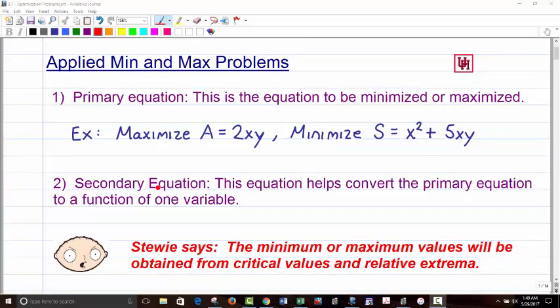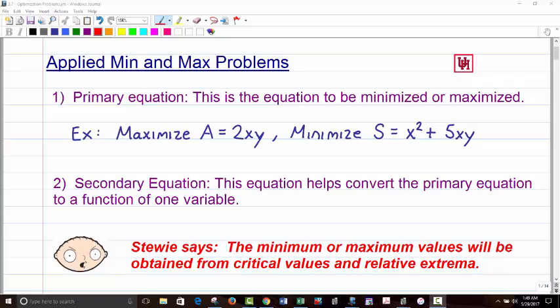But then we need a secondary equation or some other information. When I say equation, it means it's given information that lets you create an equation. You might not be looking at an equation. For example, it might say two numbers that have a sum of 10.